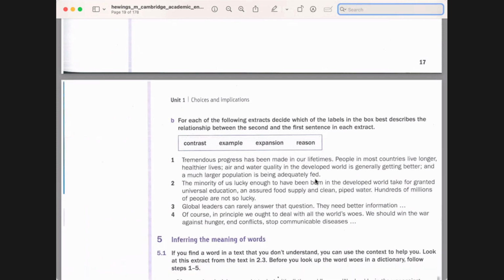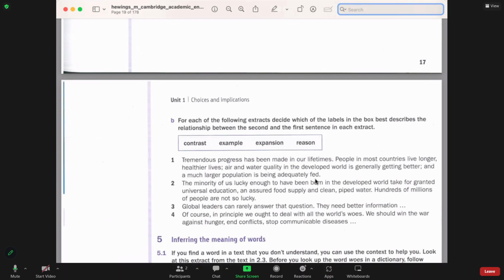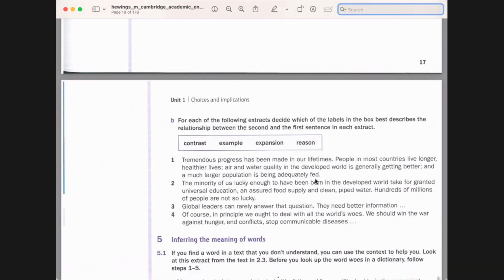We ought to deal with all the world's woes. Yeah, for example, we should win the war against hunger and conflict, stop communicable diseases. And in number 1, it's expansion, yeah, like progress, and in details explained this progress, yeah? Yes. Okay. Number 2, what is it?